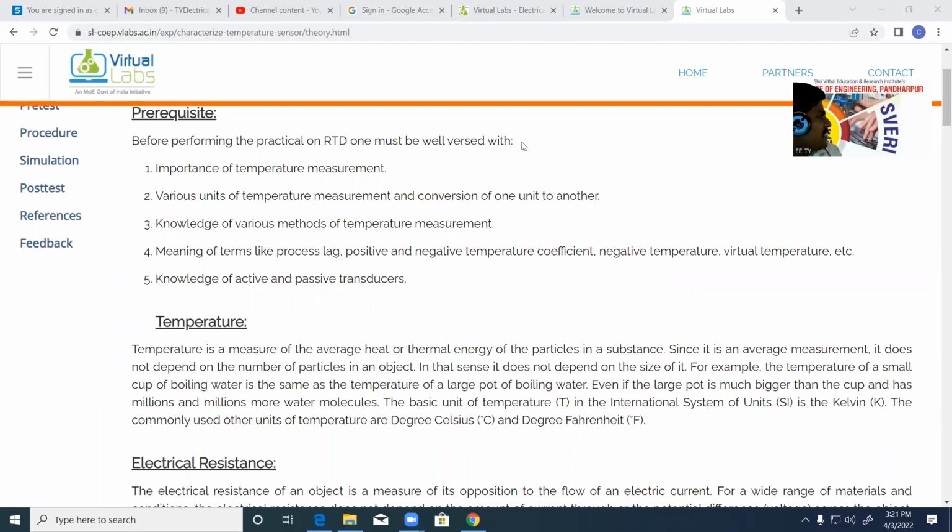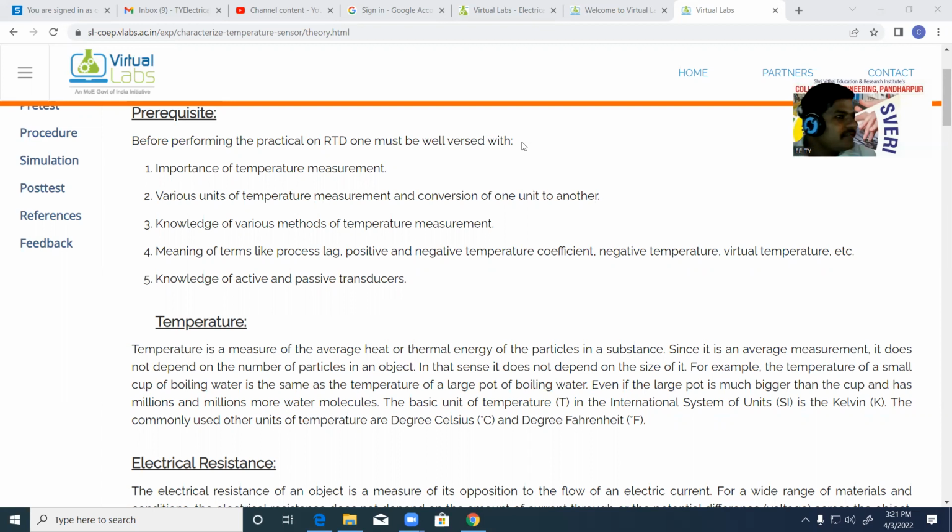Suppose in a cup we are boiling 100 ml of water. Again, in a big pot we take 1 liter of water, and it is heated to the same temperature. The temperature reading, that means the average temperature, of both will be the same.